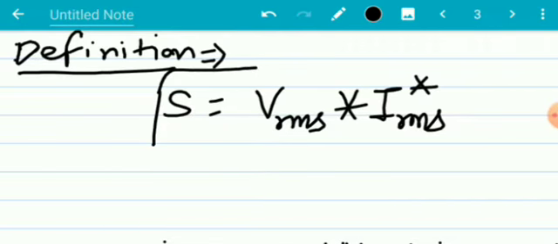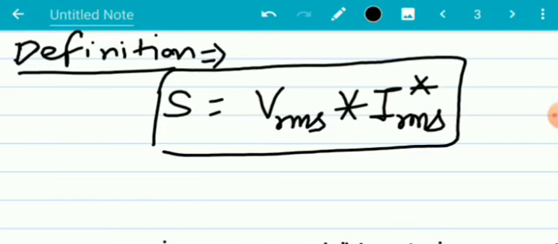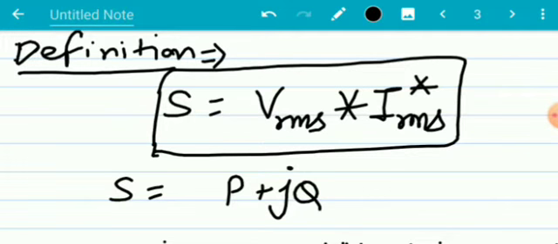This is the definition of complex power. After solving all of this, the final quantity comes into the form a plus jb, so it is finally represented as P plus jQ.